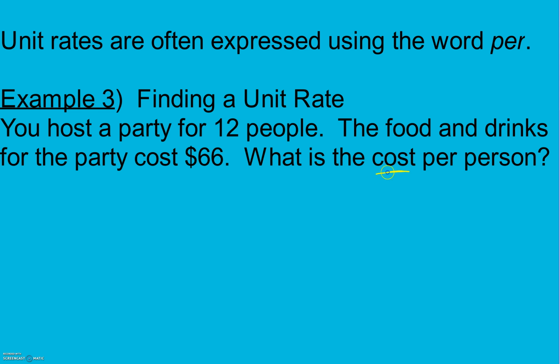Okay, so we want cost compared to people, cost per person. And per means unit rate, so we want our denominator to eventually be 1. First thing we're going to do is set it up. We want cost compared to people. Our cost is $66, and 12 is our number of people.